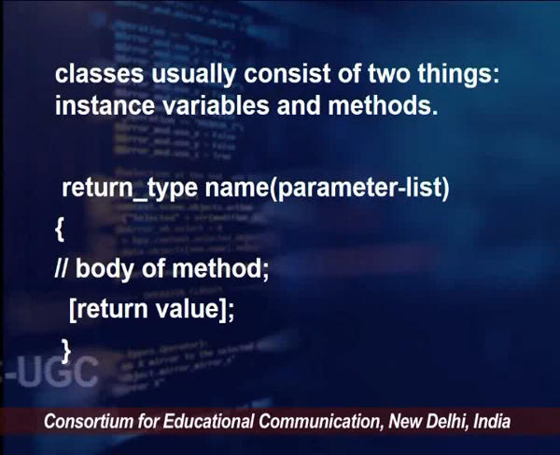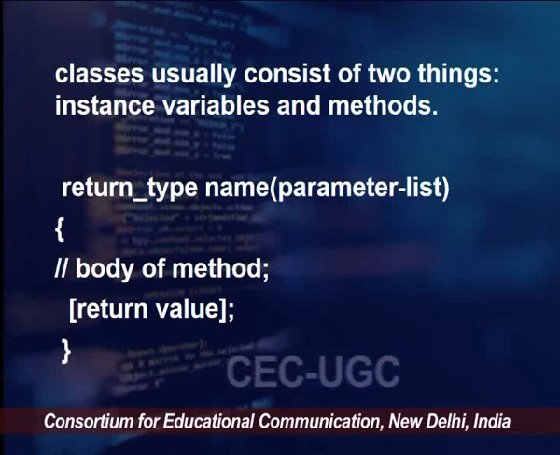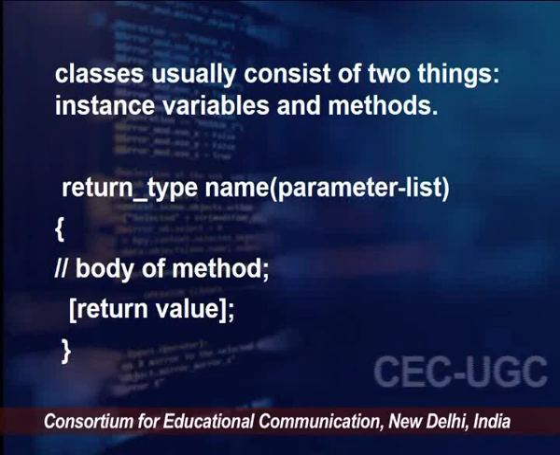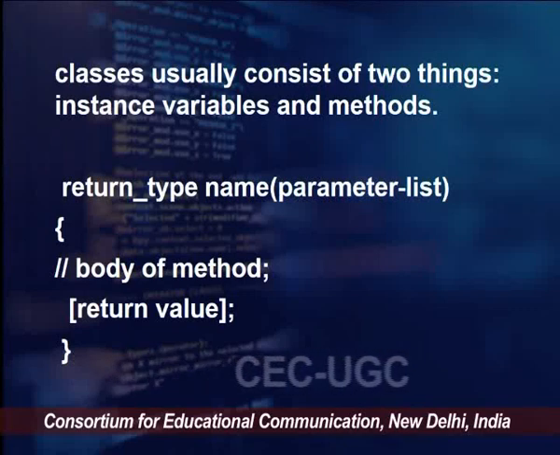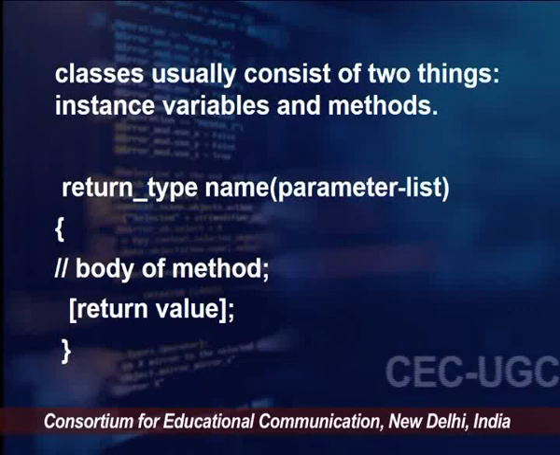Followed by opening curly braces we have the body of the method, and the return keyword and the value after it are optional statements. That's why it is written inside the brackets.